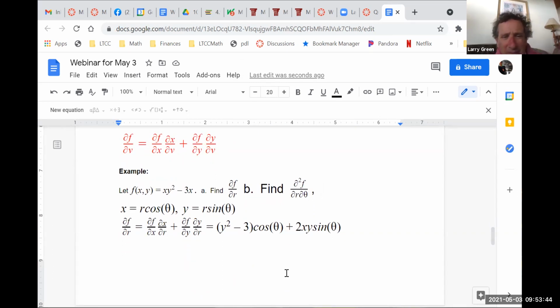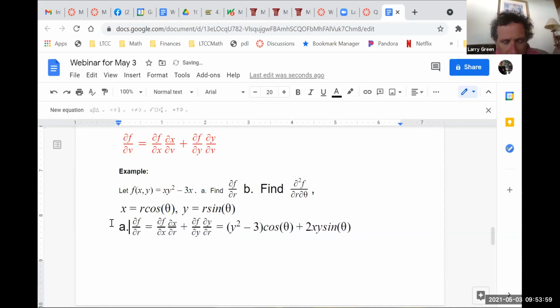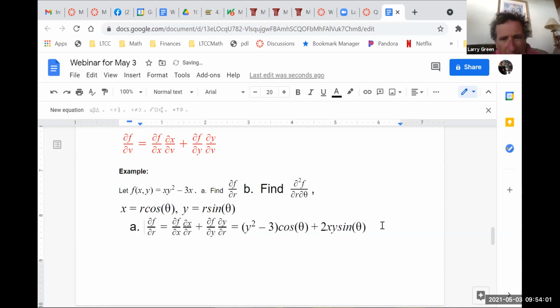Well, what do we have to do to find the second partial derivative, del squared f over del r del theta? What do I need to do now for part B? So this is part A over here.